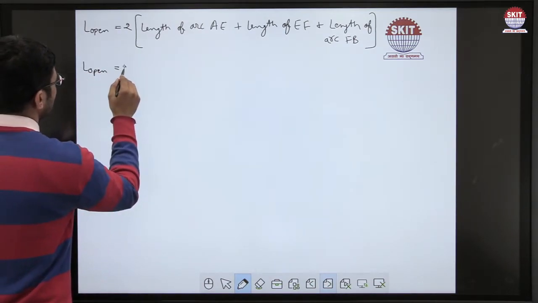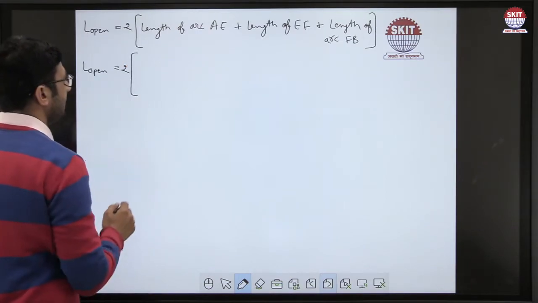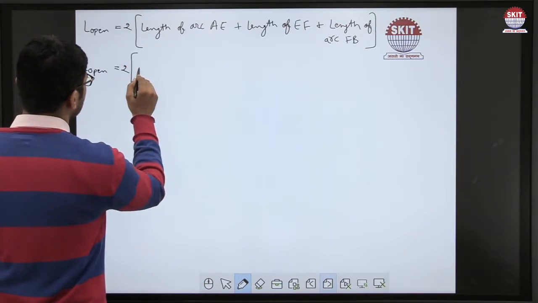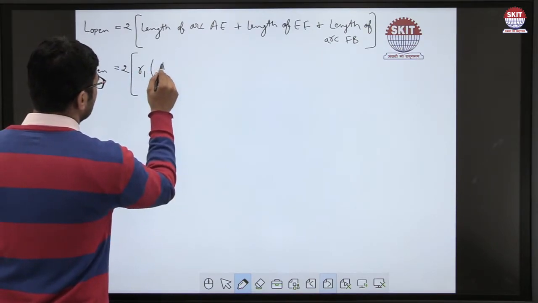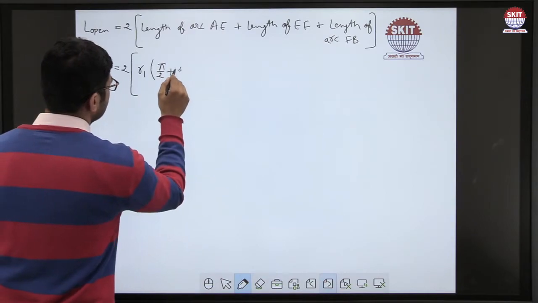L open equal to 2. The length of the arc AE is R1 pi by 2 plus alpha.